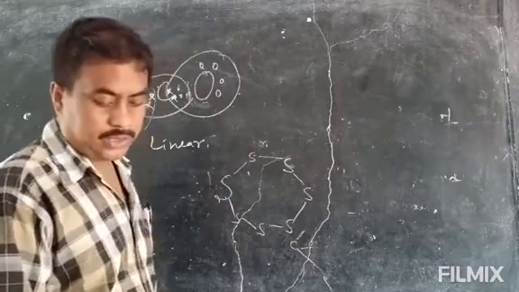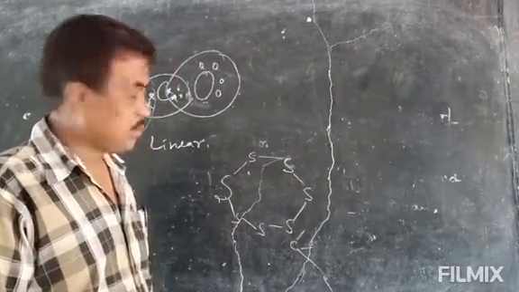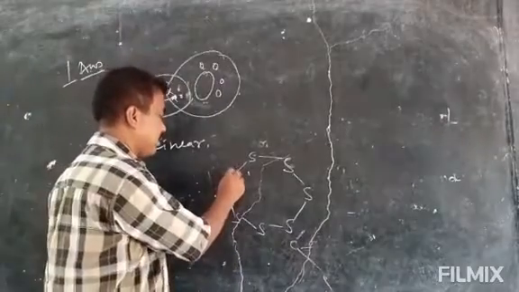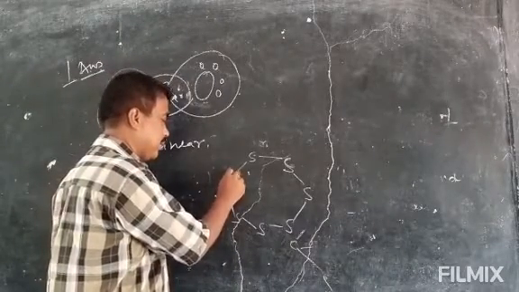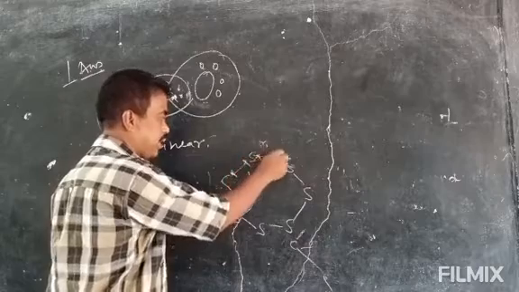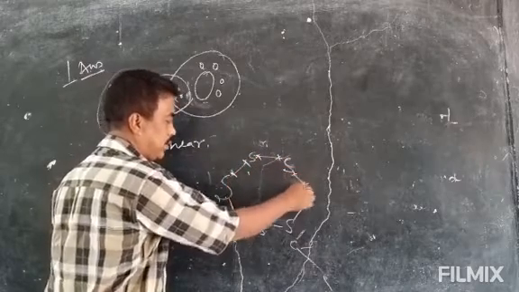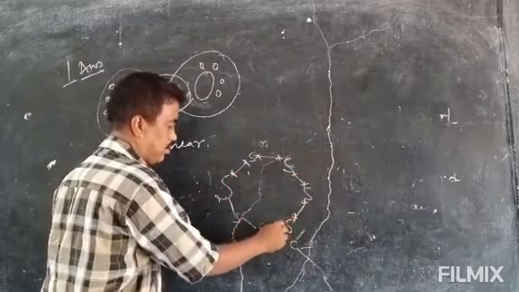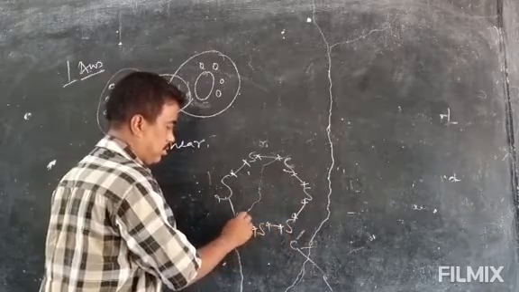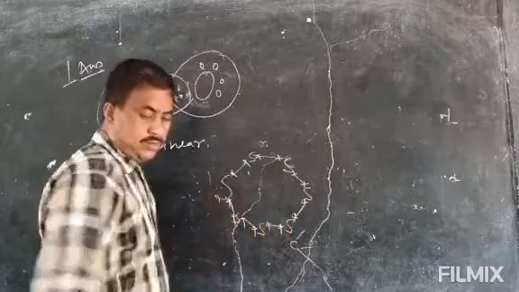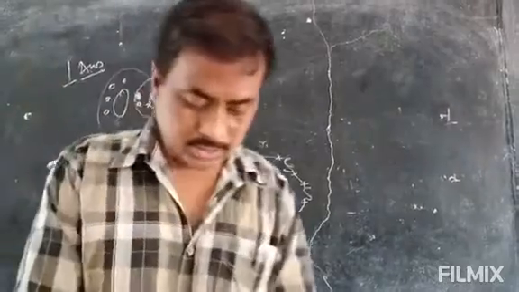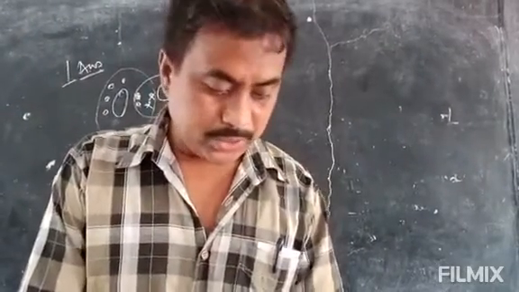The electron dot structure means you can write one sulfur like this, and the remaining electrons you can make. Like this you can draw it. Lone pairs you need to put here.